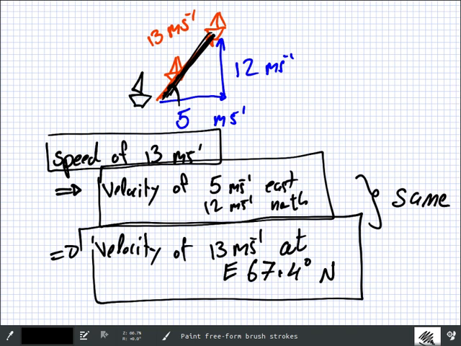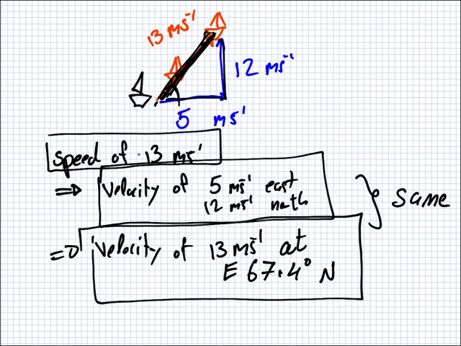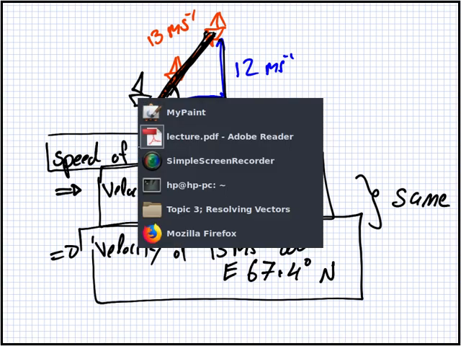How's the boat moving? It is moving this way, diagonally. It's not doing this. It is going this way. Continue? Okay.